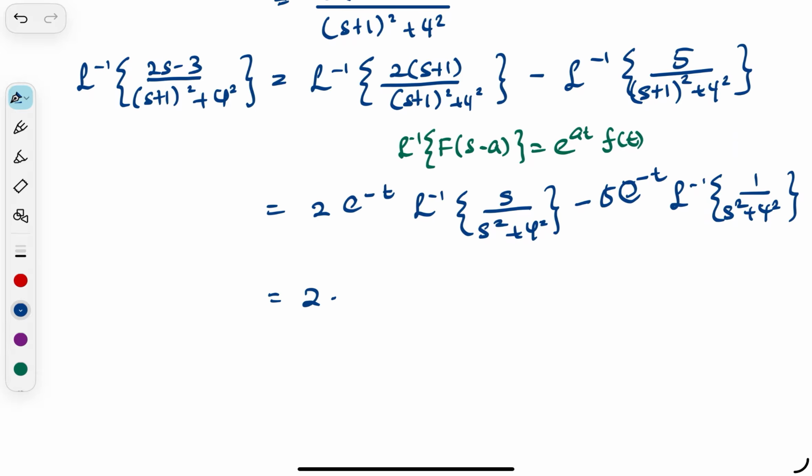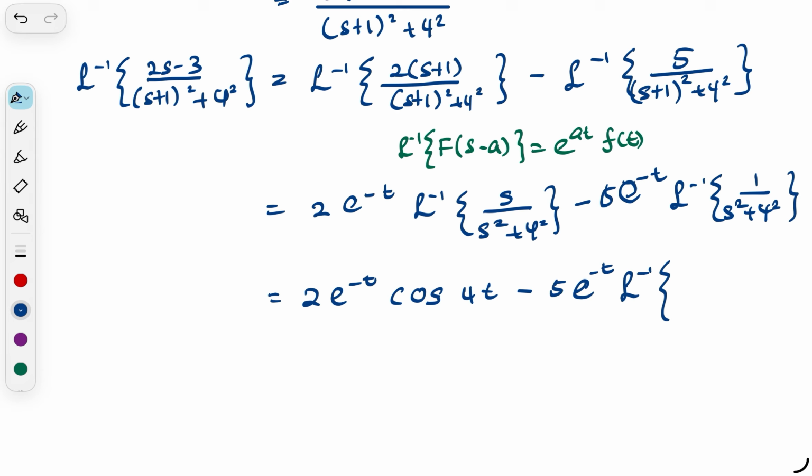So this one, you can refer to the table. s over this is given by cos 4t, minus 5. This one, if you check the table, will be slightly different because we need to have 4 on the top, but what we have is only 1. Therefore, we need to cancel the 4 by dividing by 4.